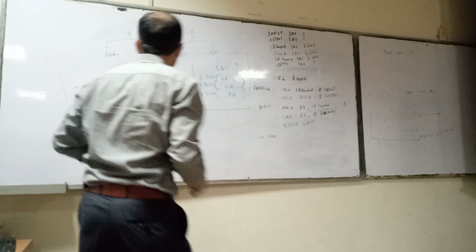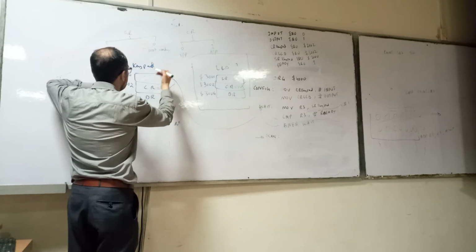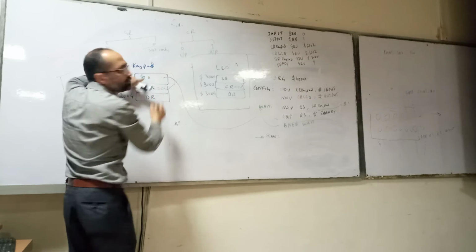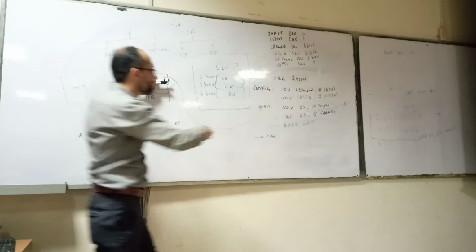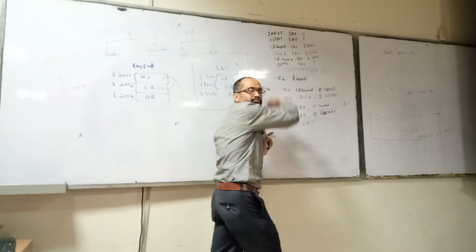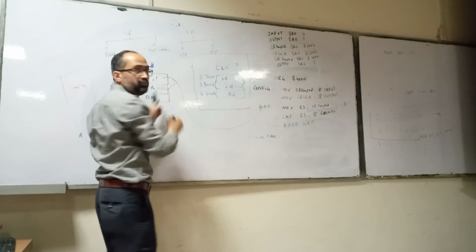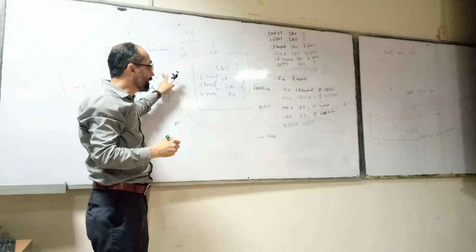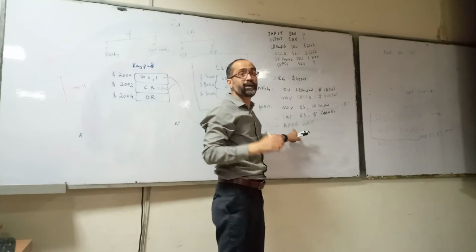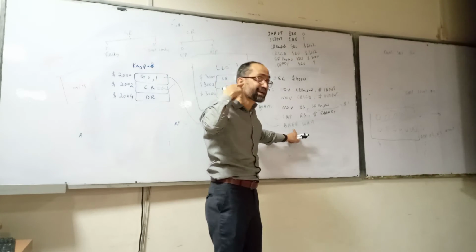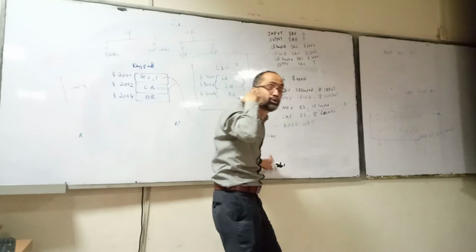When the user has not pressed the keyboard, the status will be 0, 0, 0, 0, 0, 0, in a continuous loop. Whenever the user presses a key, it will become 1. When it becomes 1, this condition will be false, and control will automatically transfer to scan.